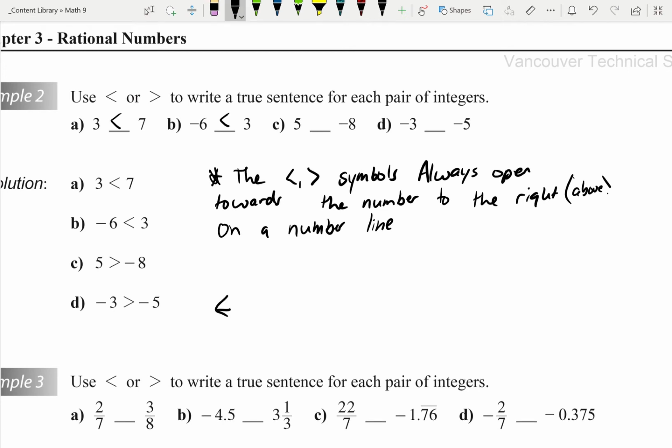So for example, if I was to draw a number line, -6 is over here, 0 is in the middle, and then 3 would be here. So I'm going to open towards the one that's on the right.